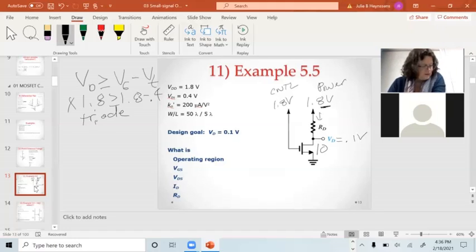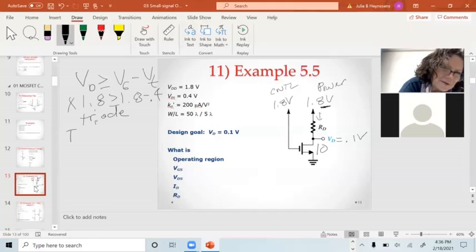To get the VGS, you'd have to use the triode equation. No, we don't know. Oh, we know VD. Never mind. So I plug into the triode current equation, and that looks like this.